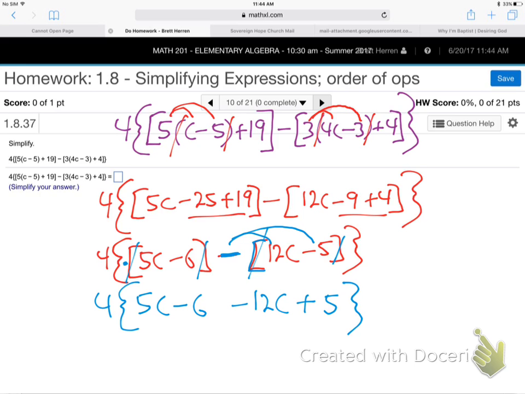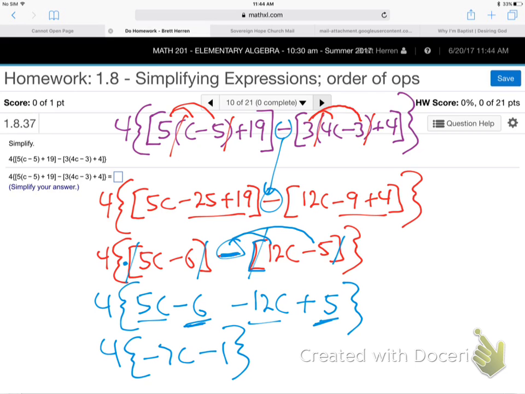So that negative is just sitting in the front. He hasn't gone on anybody or with anybody yet. Okay, so in fact, here's where he finally goes in. So now like terms, 5C minus 12C, minus 7C. And then minus 6 plus 5, minus 1.